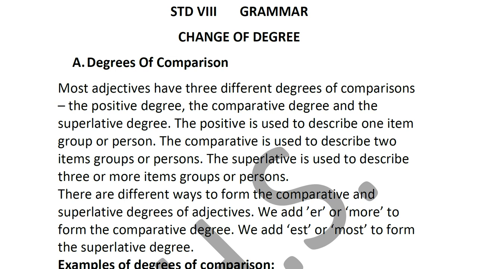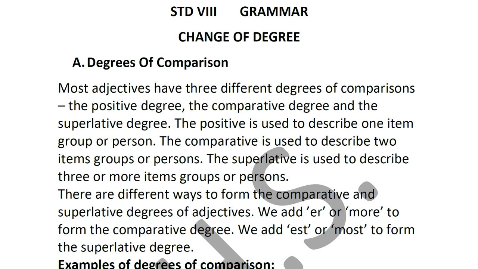Now when I'm saying the third person is the best, that means I'm comparing all three, that is the first, the second and the third person and anyone else. Okay, not just these three people, anyone else. Among all of them, the third person is the best.